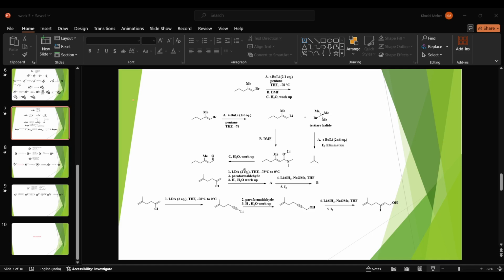Our tertiary alcohol will bind with POCl3, forming a leaving group with phosphorus oxychloride. In the presence of a strong base, the pyridine will abstract a proton, and you will get an E2 elimination with the removal of the O–P bond, and you will get the corresponding alkene.